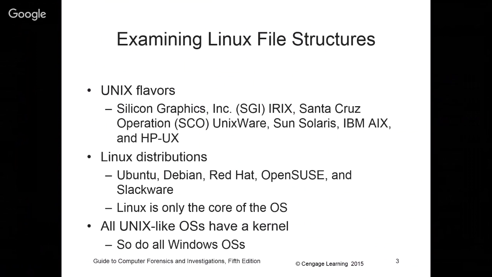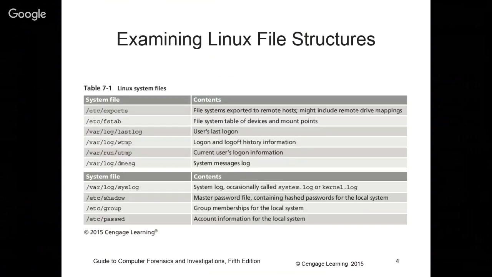All Linux-like OSs will have a kernel. So do operating systems like Windows. So, some of the file structures to look at. System files are going to be like exports, fstab, lastlog, wtmp, utmp, dmesg, syslog, shadow, group, and passwd.